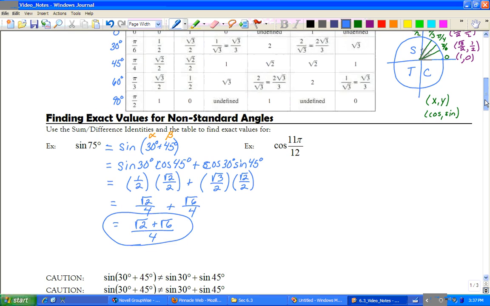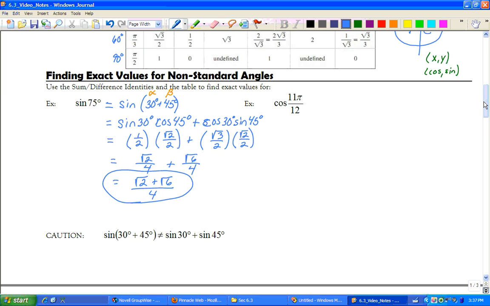Now, just a word of caution, the sine of 30 degrees plus 45 degrees does not mean you distribute the sine function. That's not what this equals. So let's just double check that. We just found out what the sine of 30 plus 45 degrees is above. That's the square root of 2 plus the square root of 6 all over 4.